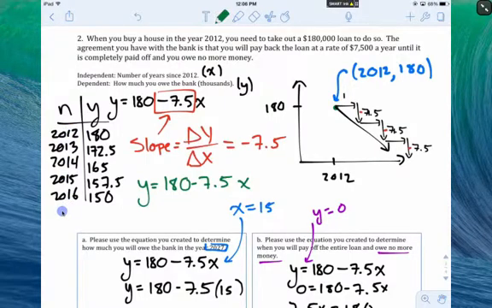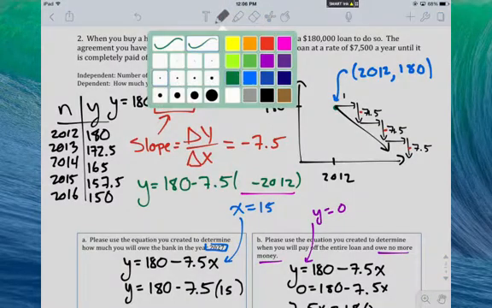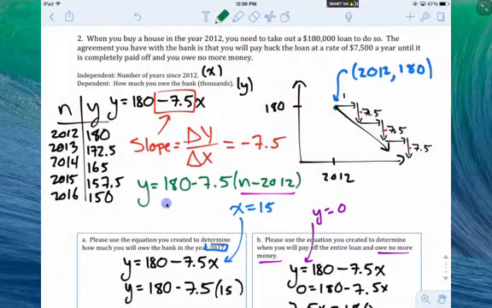But we're going to be multiplying negative 7.5 by n minus 2012. This expression, n minus 2012, represents the number of years since 2012. And you can see how similar these two equations are, and you can also confirm by substituting in some n values that this equation accurately describes this relationship and this graph as well.